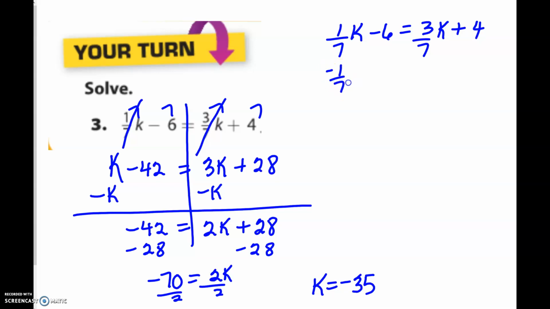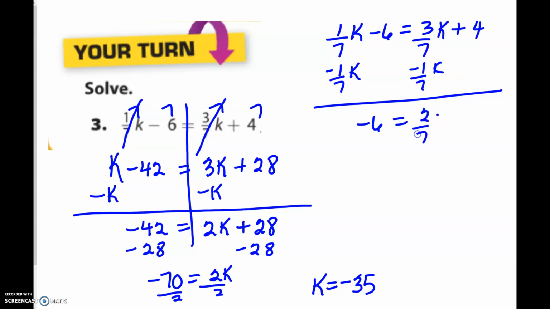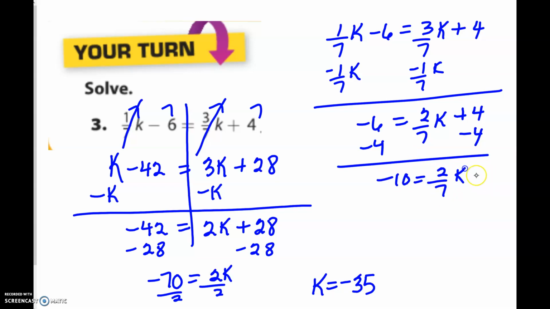So we're going to subtract 1/7 k. So we're going to have negative 6 equals 3/7 minus 1/7. Remember, you can just do that on your calculator. So now we're going to subtract 4 from both sides. So we get negative 10 equals 2 over 7k.